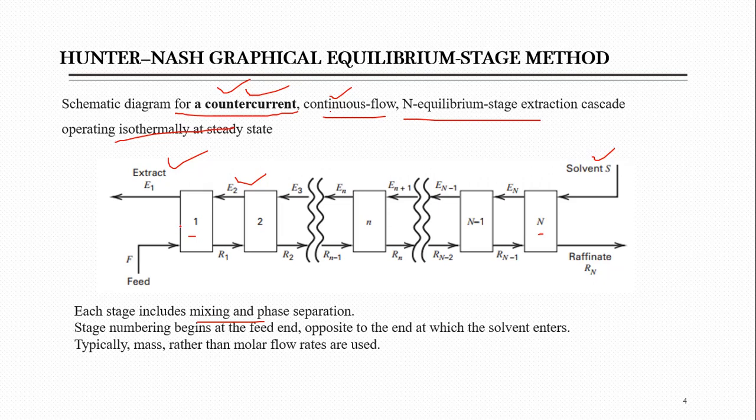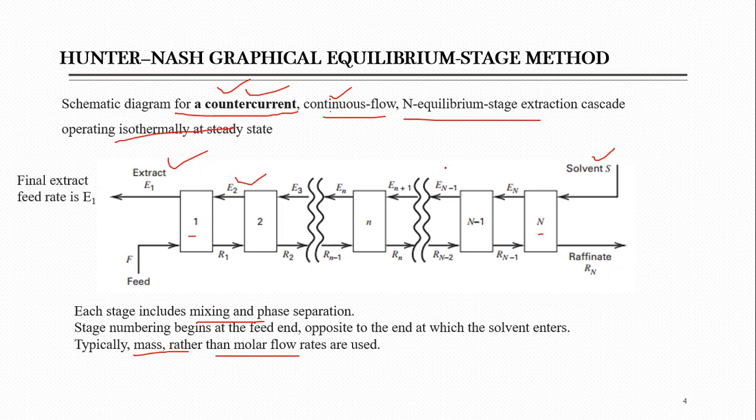You will see there are stages 1, 2, 3 and 4 in the system. N can be any number, and we are looking for the number of stages involved in some specific extraction. Usually in this system we talk about mass. Since we are talking about liquid extraction, we commonly use mass fraction and mass instead of moles.